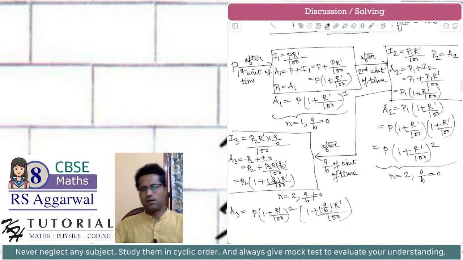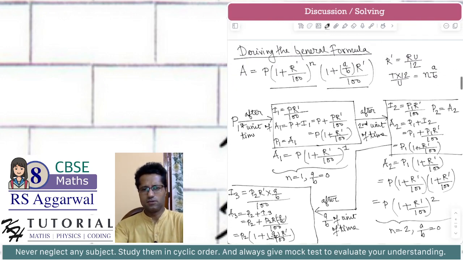I hope you understood how the calculation of compound interest works internally at the end of every unit of time, and this is leading to the general formula.